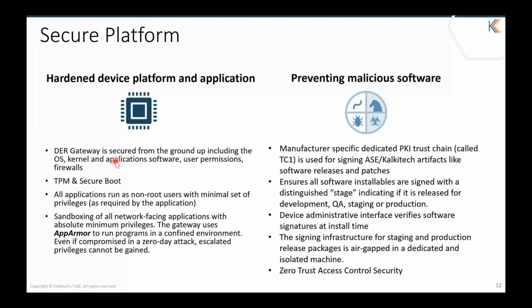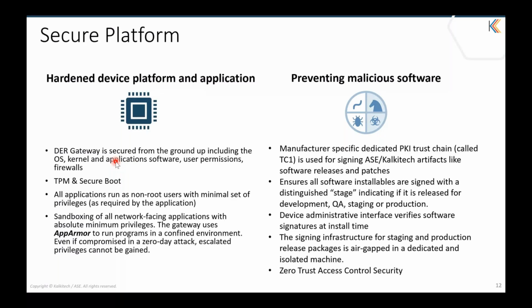And all the application software which is loaded in the device is signed by ASIO Calcitech, and if there's any software which is trying to load and run in the gateway which is not signed and approved, that will immediately be stopped by the backend systems.